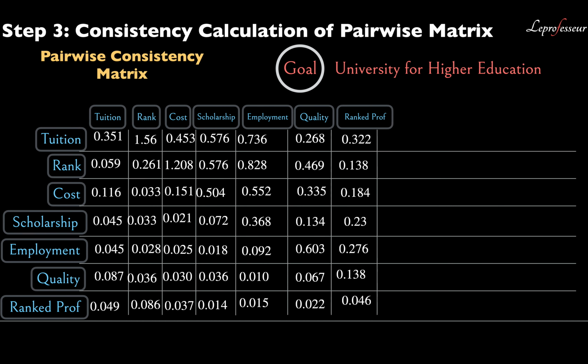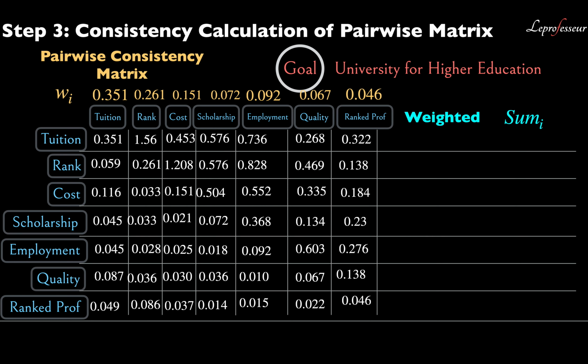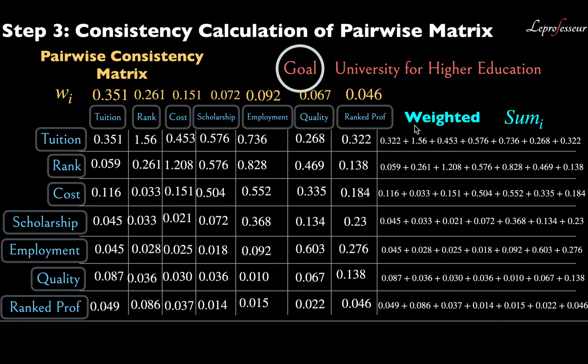Good. Now I'm writing the same thing again because I want to write a few more things here. After multiplying each entry of the matrix with the weight, these were the weights, now we want to get the weighted sum. How do we get the weighted sum?